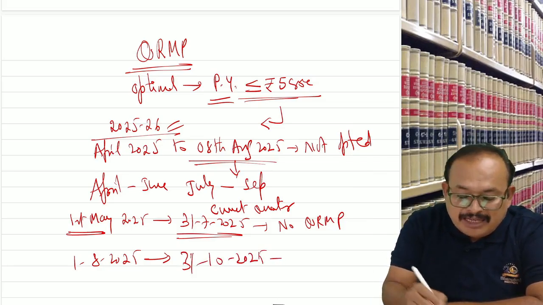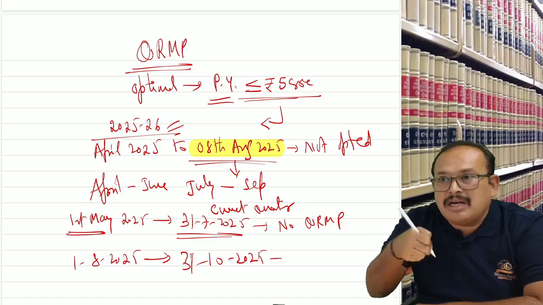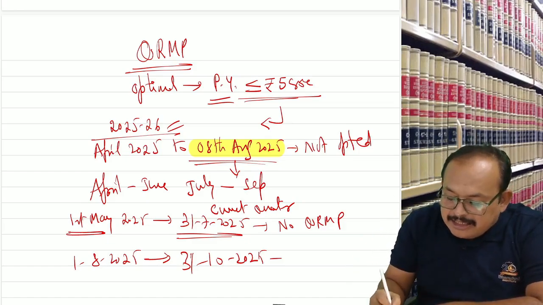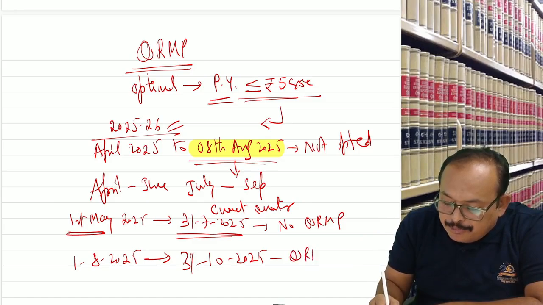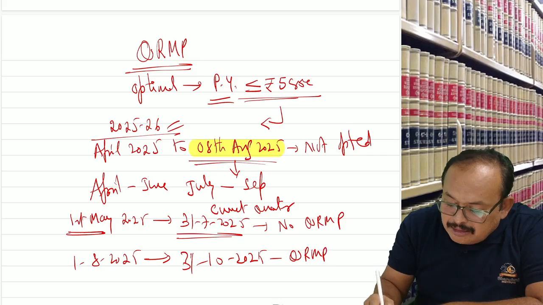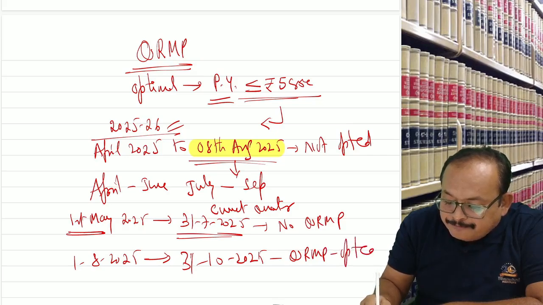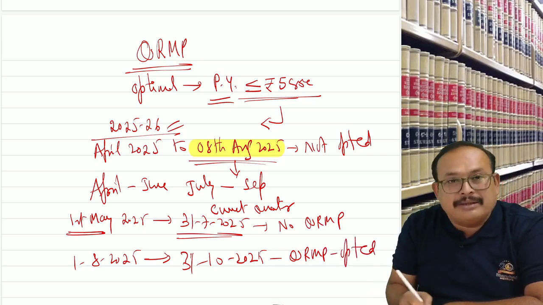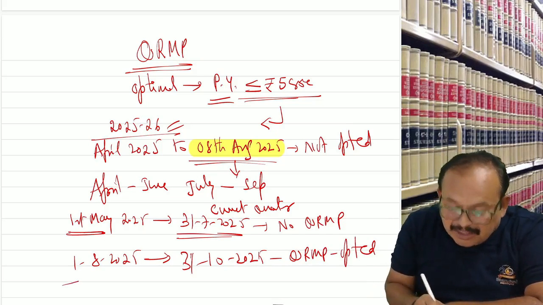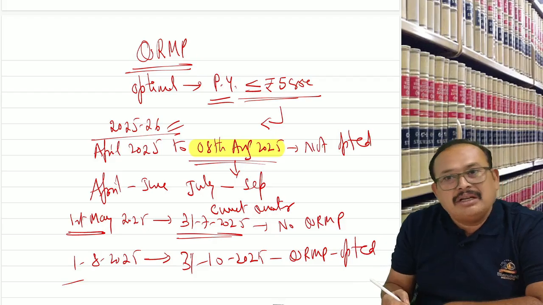You are in the month of August, Raja. In August, I want to go for QRMP. Yes, then in that case, today is 8th. I have the time period from 1st August onwards, so I can opt now?